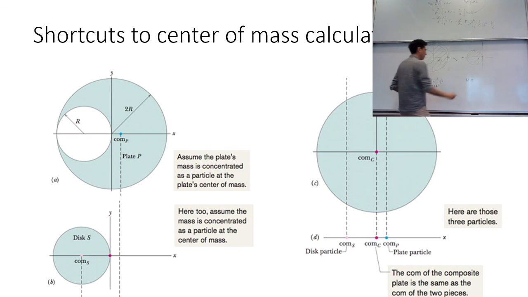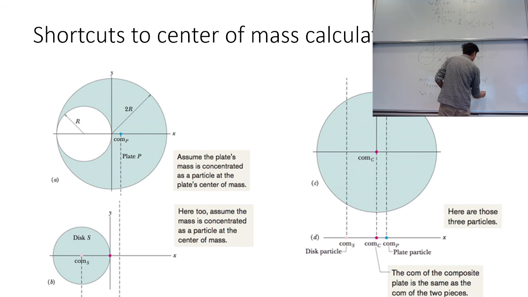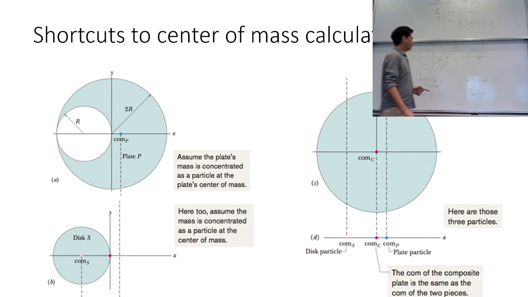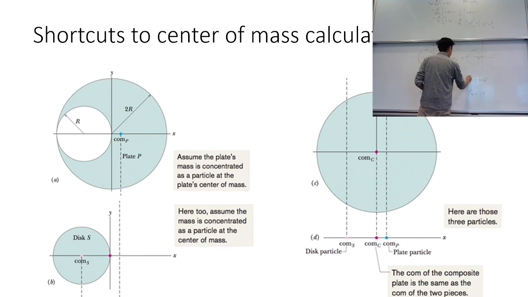So you can see that the mass is going to be rho pi T r squared. And the center of mass of this thing, maybe we can call it piece 1, is going to be minus r. So this is the mass of piece 1.